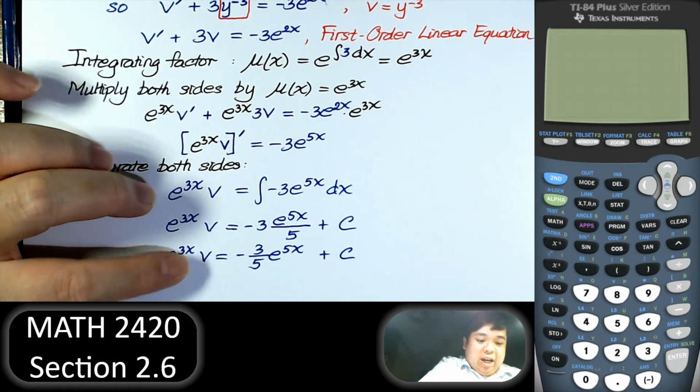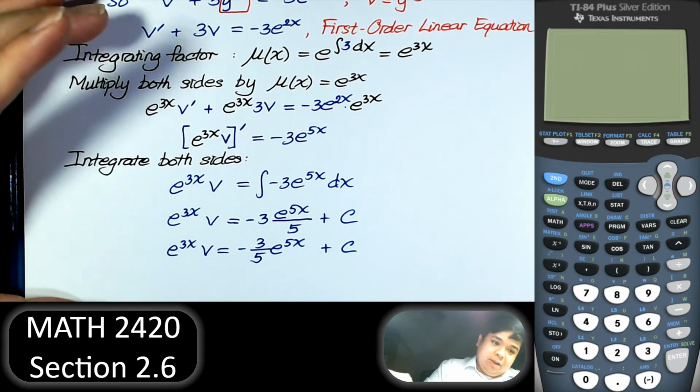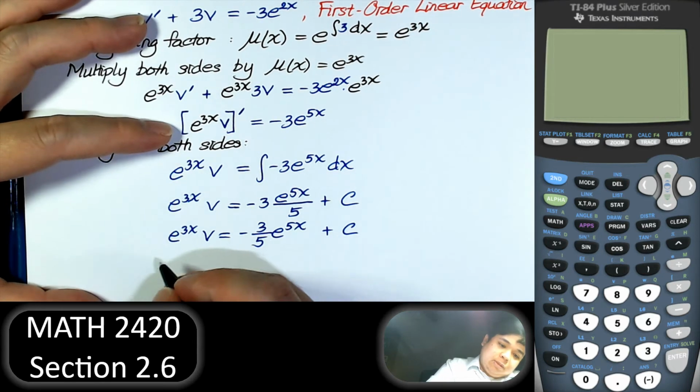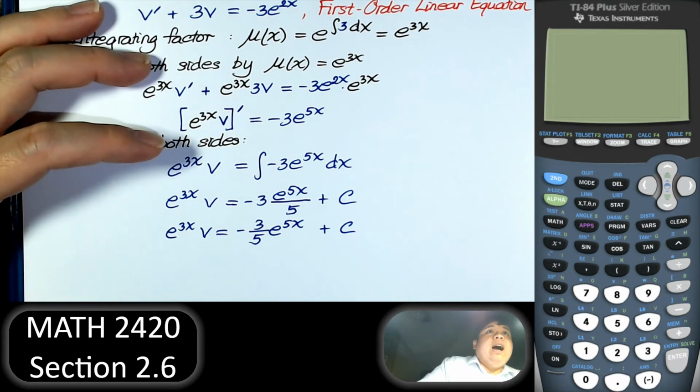Now we need to get v by itself, so divide e to the 3x on both sides.